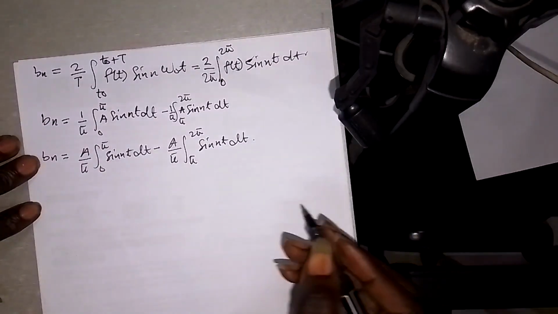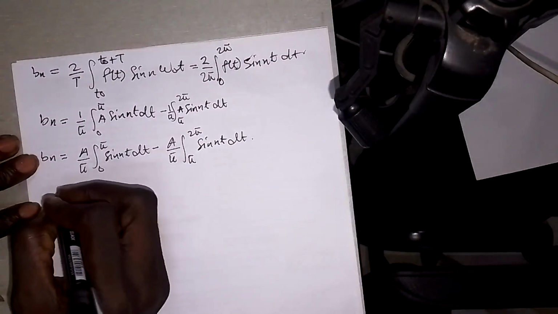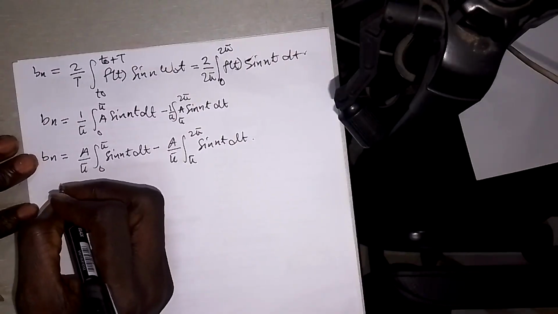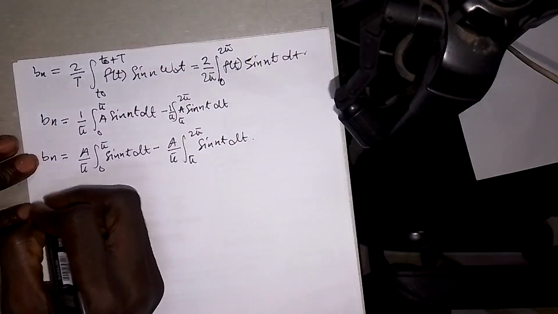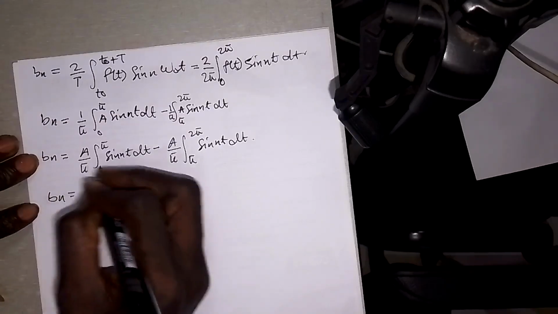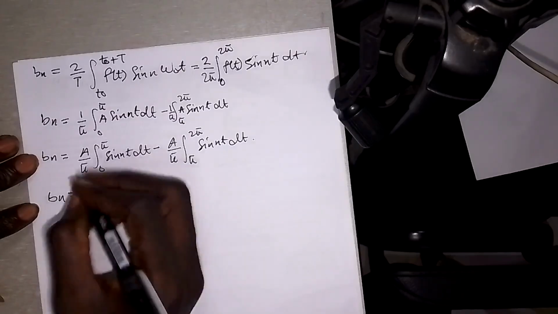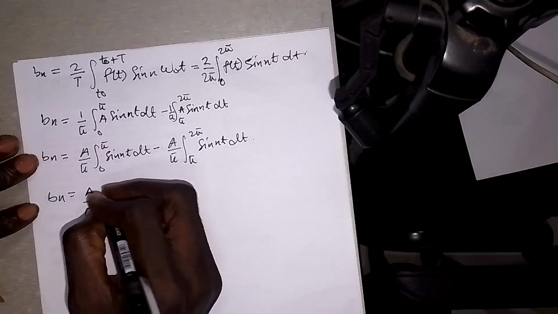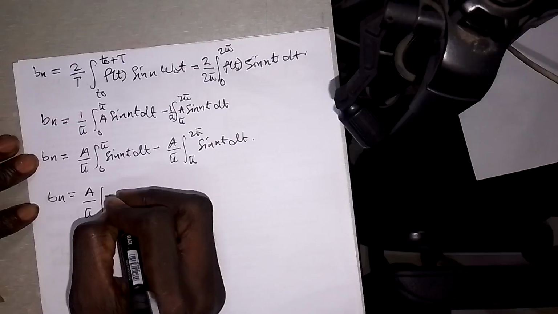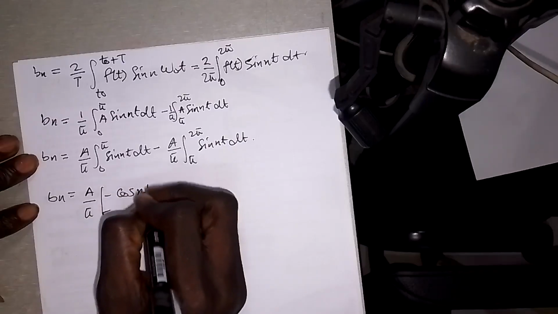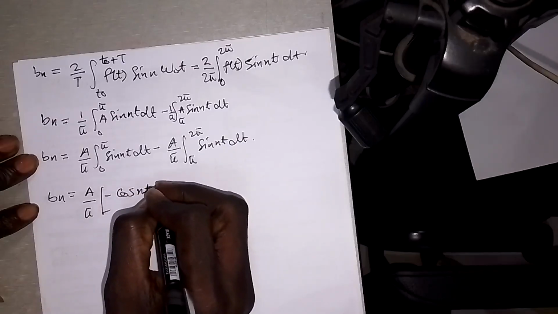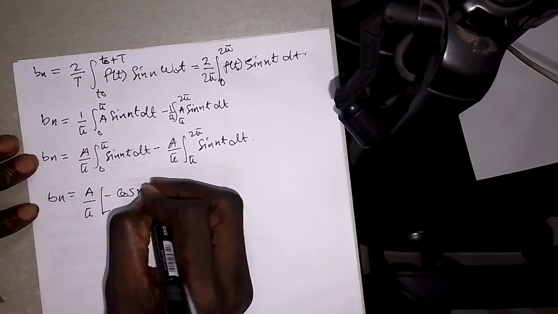So now from here, I can go straight ahead and do my integration. A over pi into minus cos nt. There will be no dt here because I've already integrated.